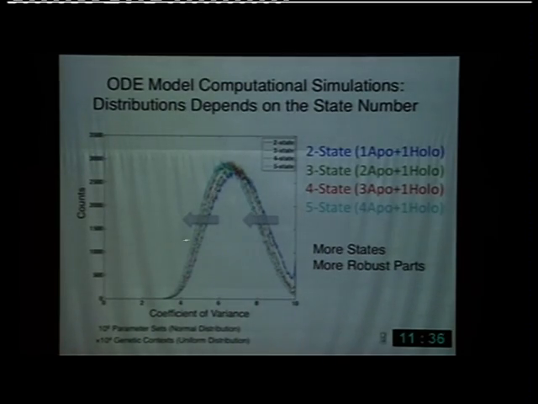You will find that there's a limitation of the variance, and that is based on the genetic context distribution. If we set the genetic context, it will always be like a normal distribution, but it just shifts left, and there will be a limitation here.